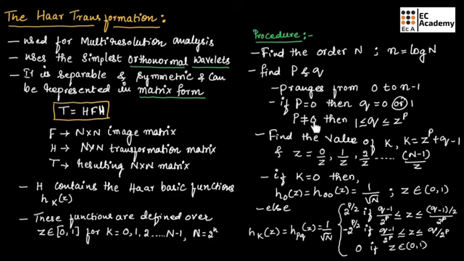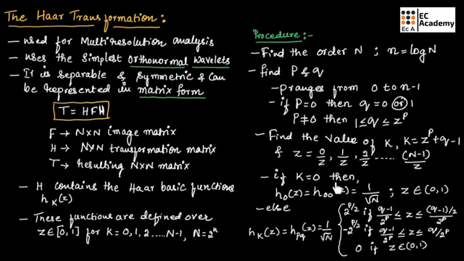And if p is not equal to 0, then q will range between 1 to 2 to the power of p. Then we need to find the value of k by taking the equation k = 2 to the power of p plus q minus 1. And z will be equal to 0 by N, 1 by N, 2 by N, and so on up to N minus 1 by N.